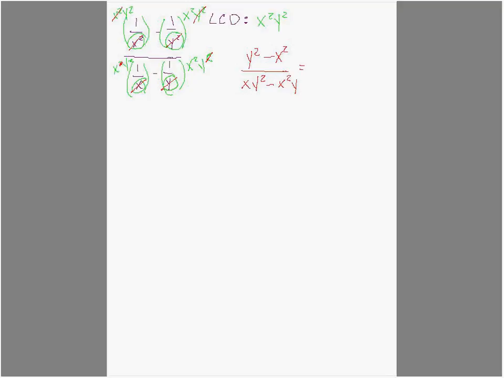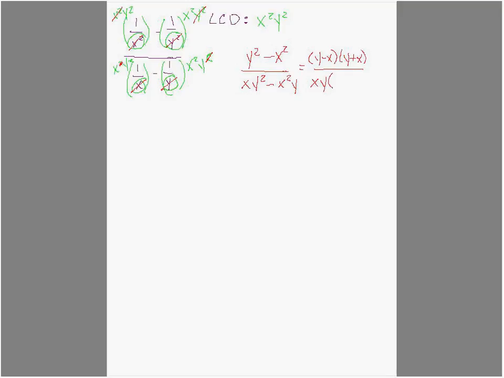So y squared minus x squared is the difference of squares. It factors like this, y minus x, y plus x. Now here, we can't quite factor it like the difference of squares, but we can take out a GCF. Each term has an x in it, each term has a y in it, so let's factor that out.